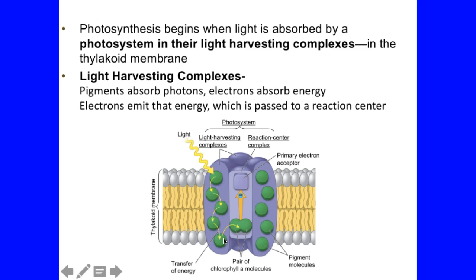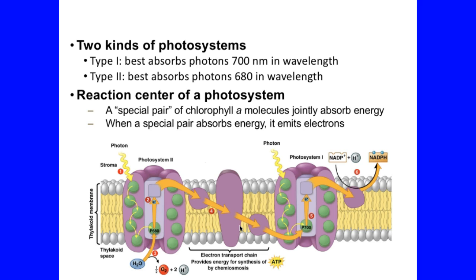From there, it's passed on to the reaction center, which is the center portion of the whole complex. As you can see, the reaction center has a pair of chlorophyll A molecules.